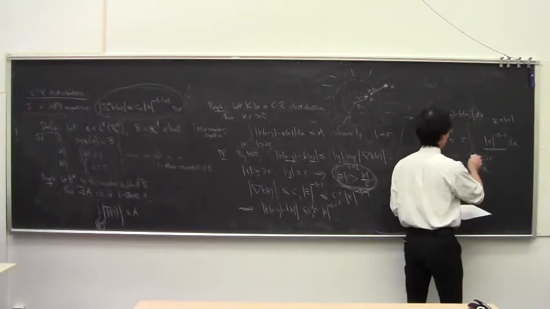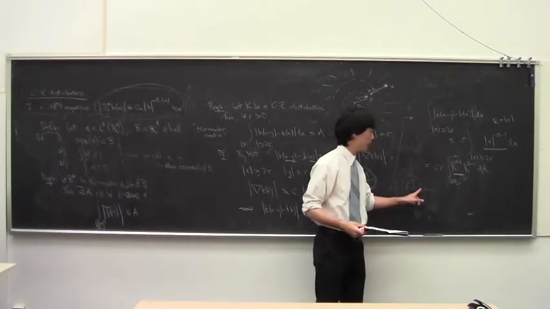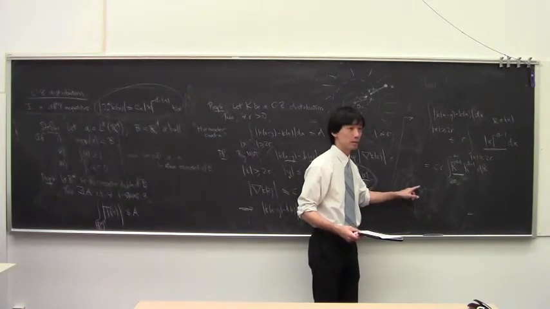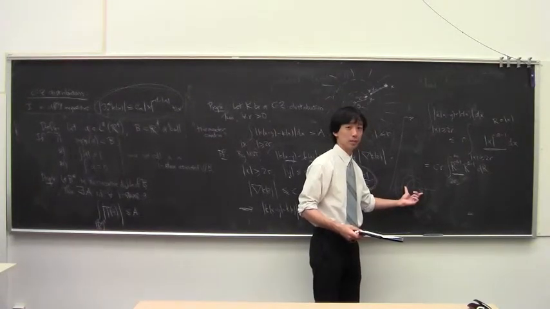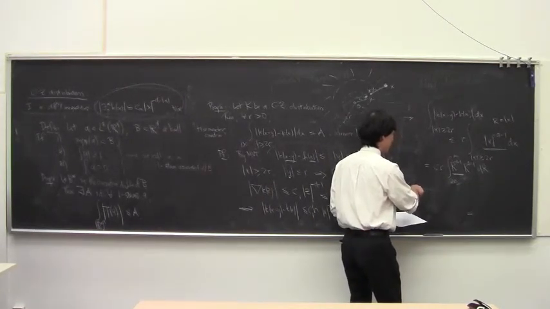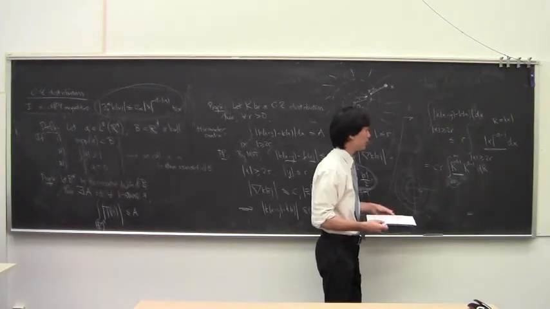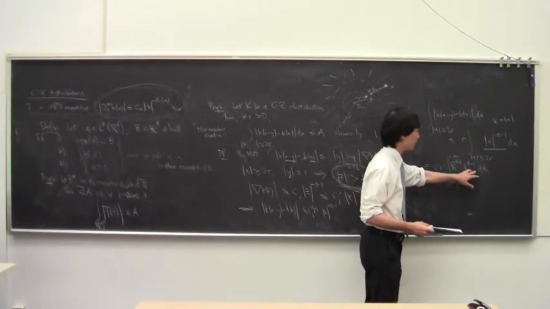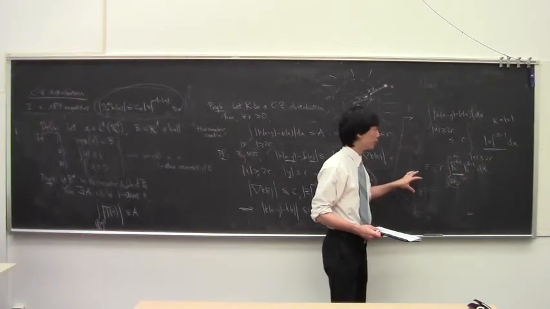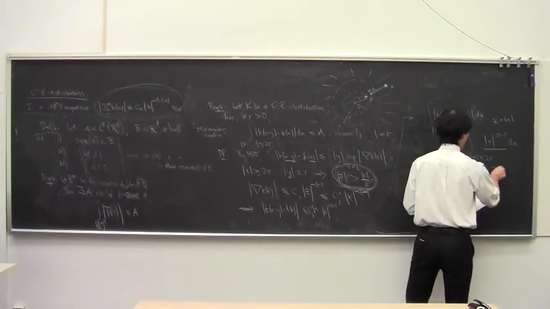You get r to the negative b minus 1, but then you need to multiply by some constant times r to the d minus 1 to give you the area of the sphere. You're going to integrate over spheres as the radius of the sphere goes from 2r to infinity. So you need a factor of r to the d minus 1 to give you the area of the sphere that you're integrating. And you get this constant.